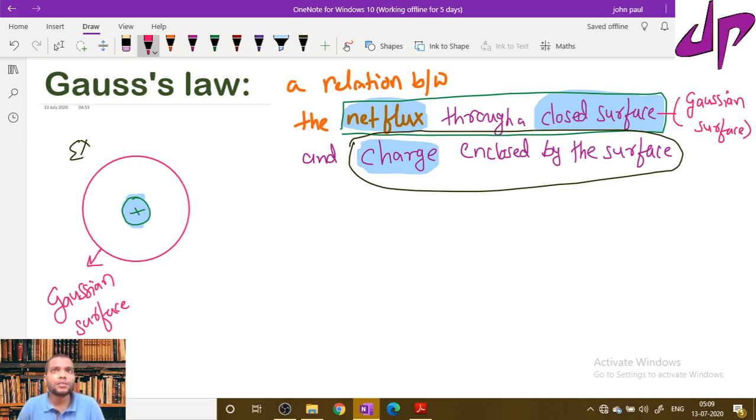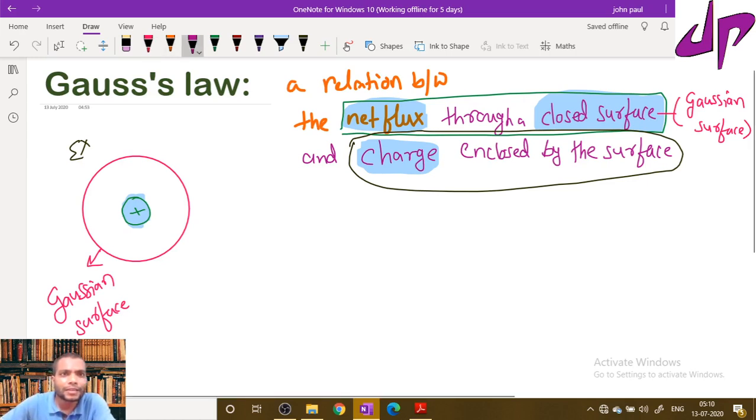Now just imagine you have the positive charge. For a positive charge, the electric field lines point outward everywhere, from the positive charge to outside. When we want to find the flux, we need two things: the electric field, and the elemental area.